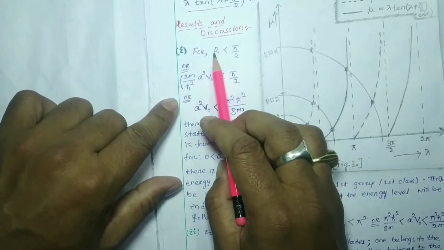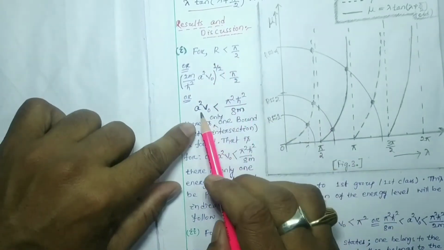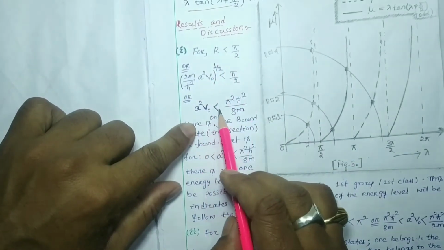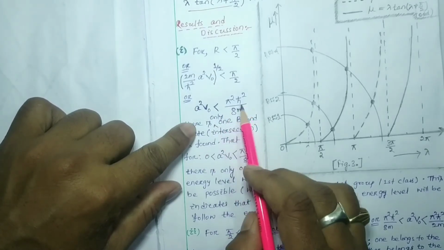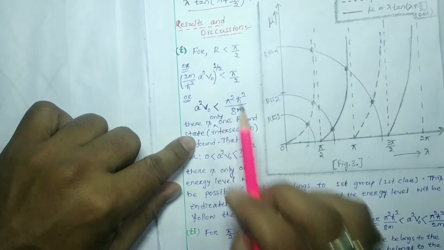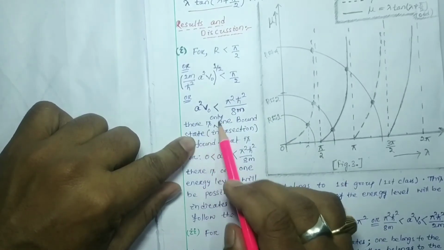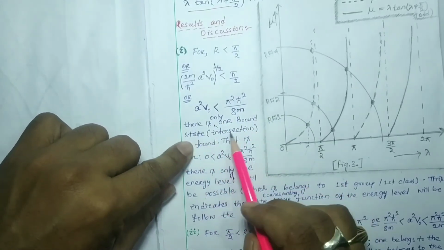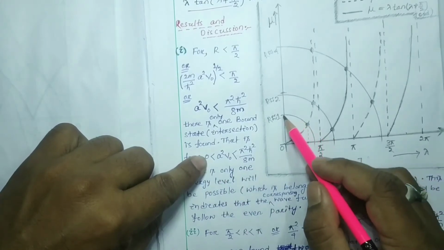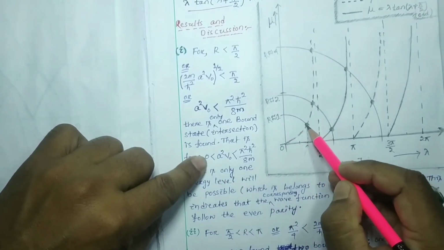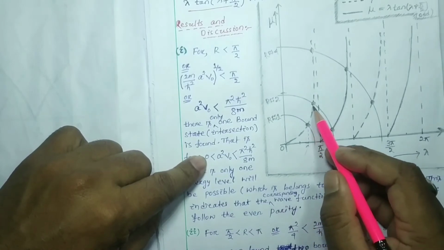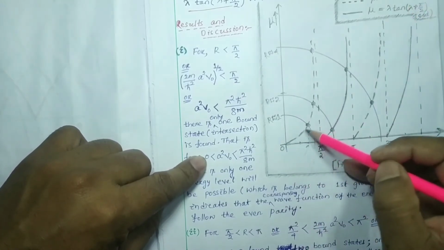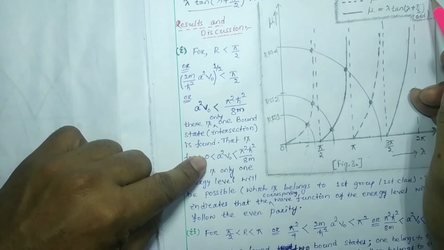So for radius less than pi by 2, or a square v0 less than pi square h cross square by 8m, there is only one bound state, or one intersection, found. See, only one intersection. On which curve? On the dotted curve, that means the even curve.